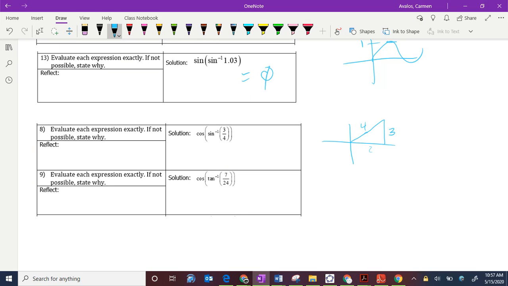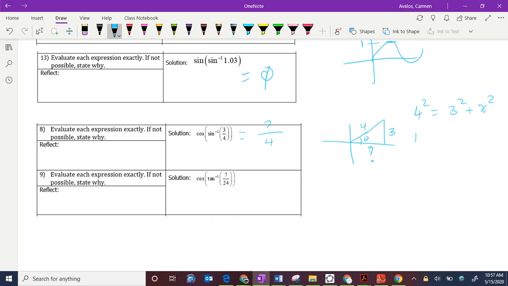So when we do the opposite over hypotenuse, and then you're going to do the cosine, you're going to take this angle right there, and the cosine for this answer is whatever that is over 4. So you have to calculate it using the Pythagorean theorem. It's going to be 4 squared is equal to 3 squared plus x squared, where I'm calling that side x.